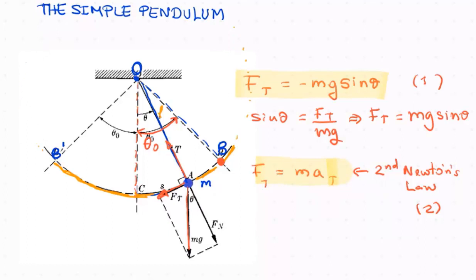Then the particle is doing a circular motion along that path. As we know, the tangential acceleration of this mass would be related with the angular acceleration of the mass with this relationship.